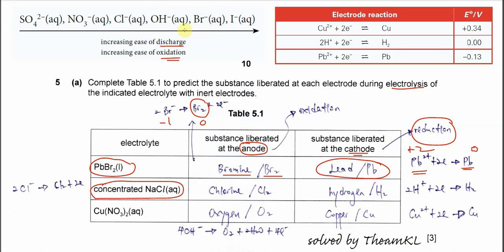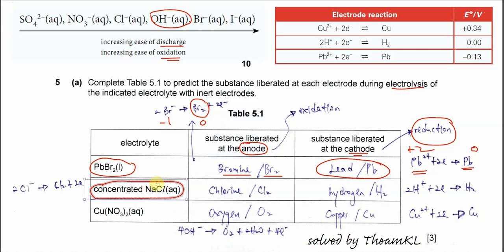If now we have a chloride solution, and it is a dilute chloride solution, it must follow this trend. So the hydroxide will discharge first. The chloride won't. This trend is for the dilute sodium chloride solution. When the hydroxide discharges, it will form oxygen gas. If the solution is concentrated sodium chloride, the chloride will discharge first compared to hydroxide.